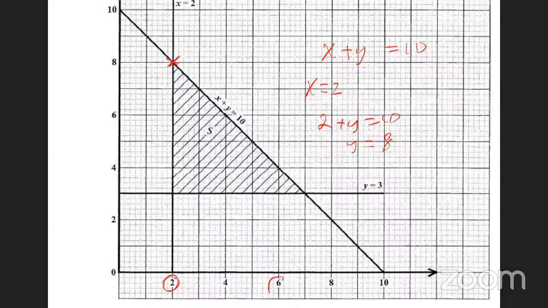Pick a next value, pick x is 6. 6 plus y is 10, y is 10 minus 6, so y is 4. So you're plotting 6, 4. That's right here. And then connect the line.